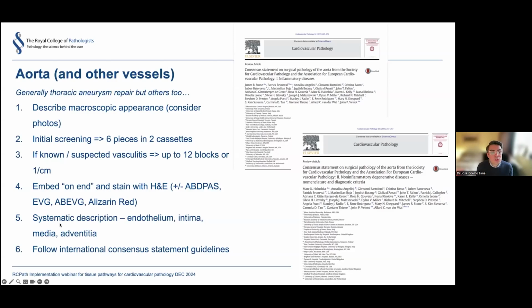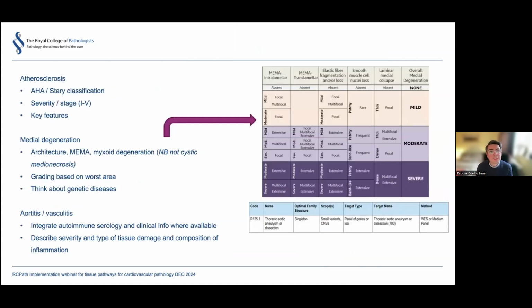Microscopically, one should provide a systematic description of the different layers of the blood vessel wall, the endothelium, the intima, media, and adventitia, noting main pathologic features in any of those. And one should follow international consensus statement guidelines, which are these ones here from the AECVP in terms of inflammatory aortic diseases and non-inflammatory or degenerative vascular diseases.